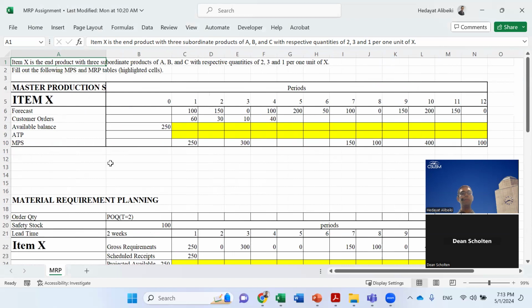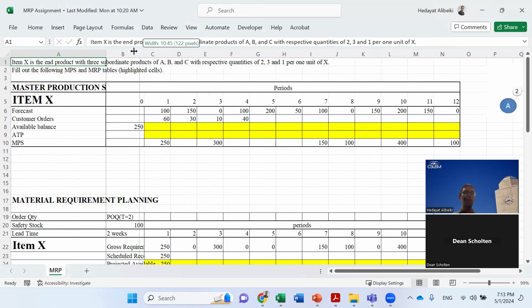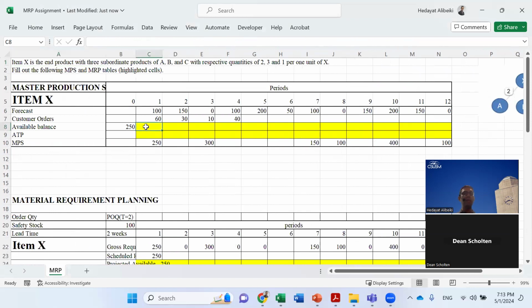So let's just do the MPS. I know we did it last time, but let's do a quick practice of this. Okay, so the available balance on the MPS, if I have the forecast, customer orders, and the actual MPS, is super easy to calculate, right?